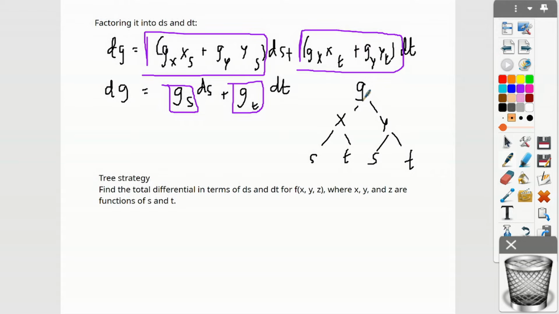So what do we end up getting? dg is g sub x sub s plus g sub y sub s, ds, find all the ways to go to s, and then plus g sub x sub t plus g sub y sub t, dt. There you go. So if you want to find g sub s, just find all of the ways to go to s, and if you want to find g sub t, find all the ways to go to t.